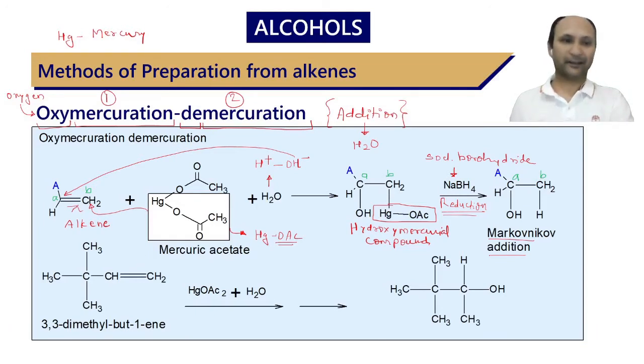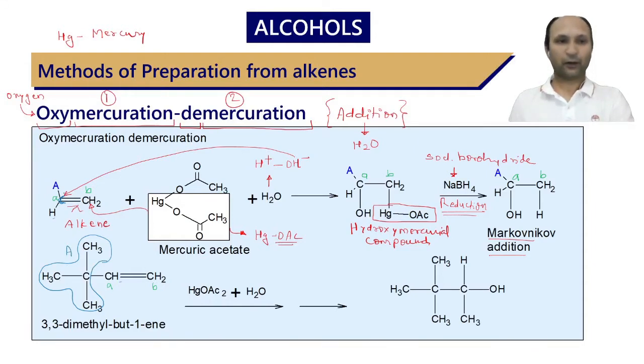So this is the general reaction, and this 3,3-dimethyl-but-1-ene also contains two carbons with a double bond between them, so we'll just label them as a and b so that it will be easier for us to comprehend where our moieties are going. So here in this common alkene structure we can see that this carbon is attached to a hydrogen, so this is the hydrogen here and this is the hydrogen here, and a moiety called A. So this isobutyl group is A here.